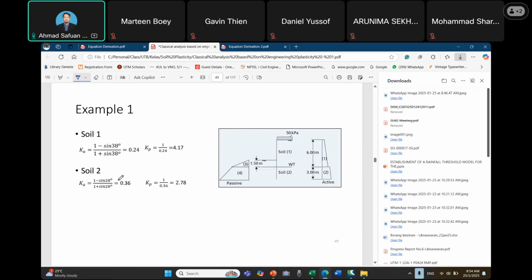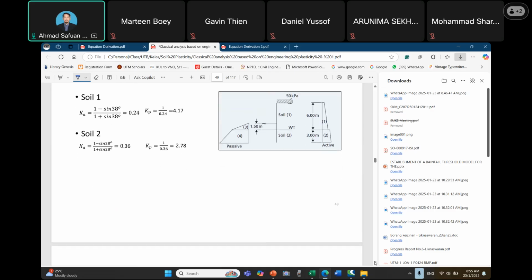But for soil number 2, KA is (1 minus sin 28) over (1 plus sin 28), which is 0.36. Then the KP is 2.78.